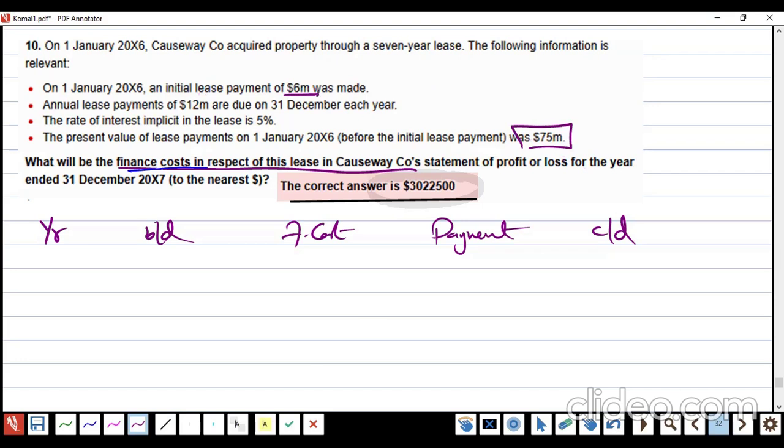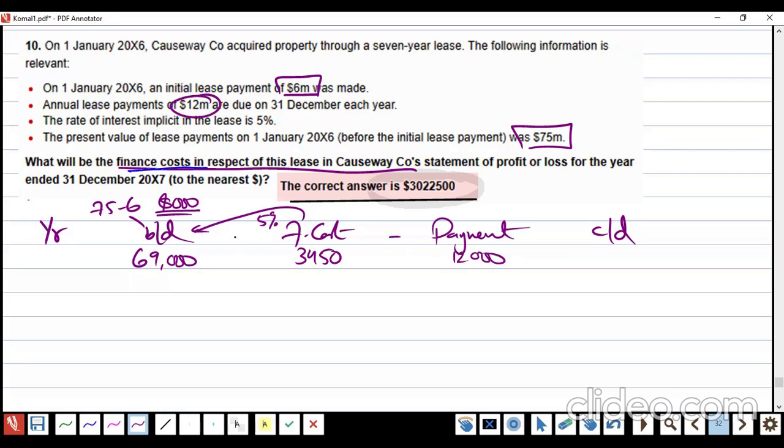So 75 minus 6 is how much? 69 million. We are in thousands, so 3 zeros rounded. Percentage is 5%, which is going to be 3,450. Yearly payment is 12,000. So the closing balance is 6,450.